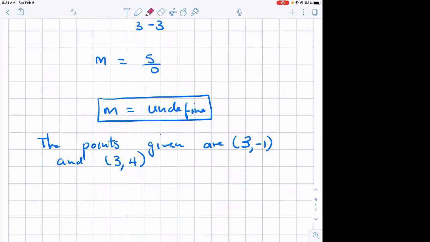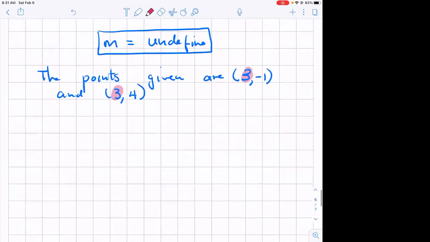And please note that the x values were the same. So when you subtract them, you would get a 0 in the denominator. So what does it mean that it's undefined? What does the line look like? Well, let's plot the points.